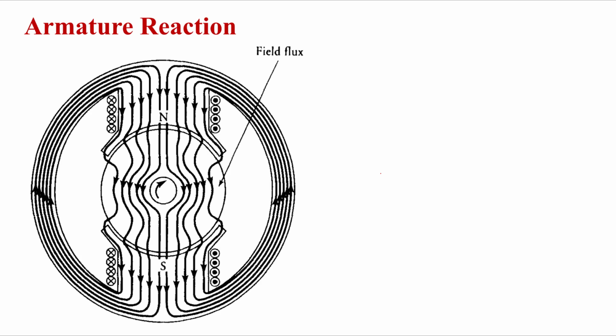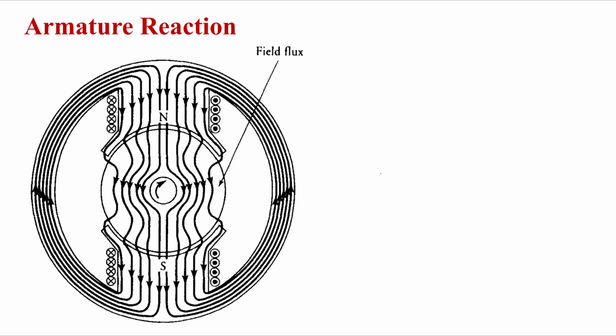And that field distorts the main field that we have. Therefore we get reduced voltage. Okay? So let us see how it happens.